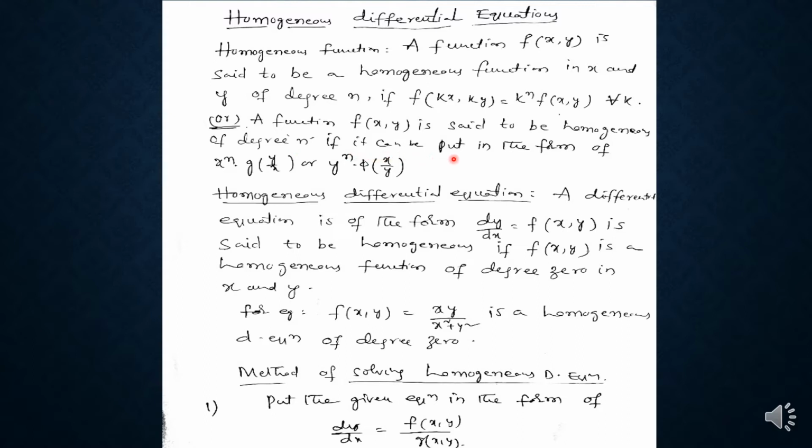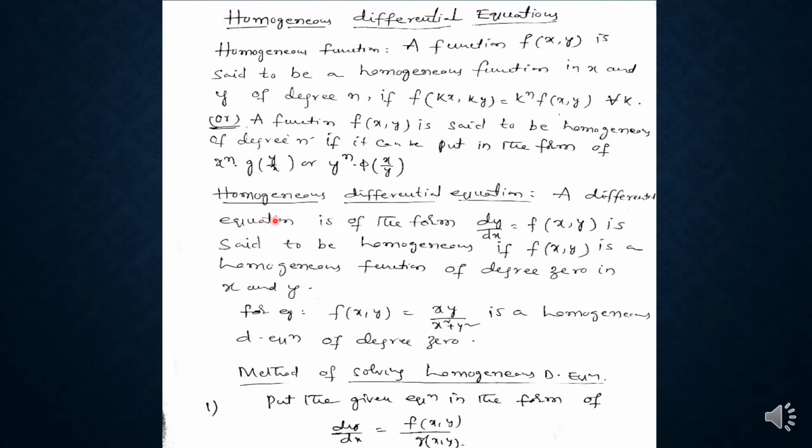Or if it can be put in the form of x to the power of n into g of y by x, or y to the power of n into phi of x by y, then also the function is said to be homogeneous of degree n.